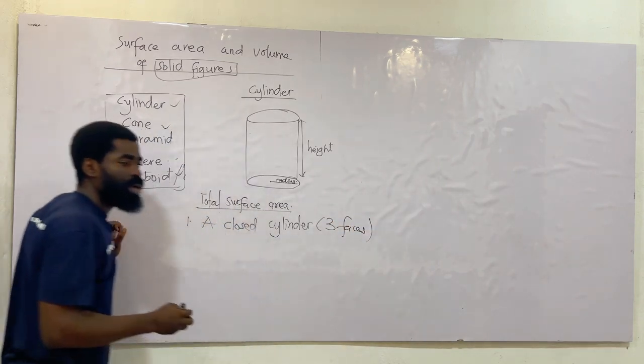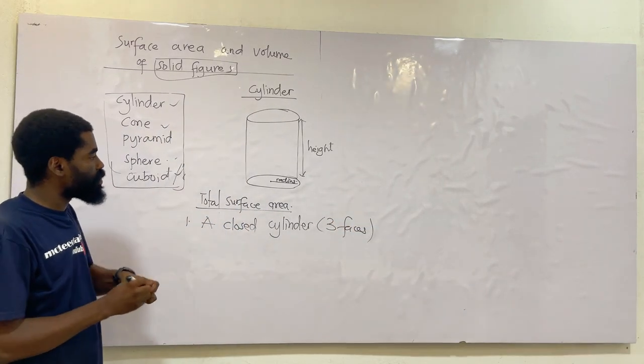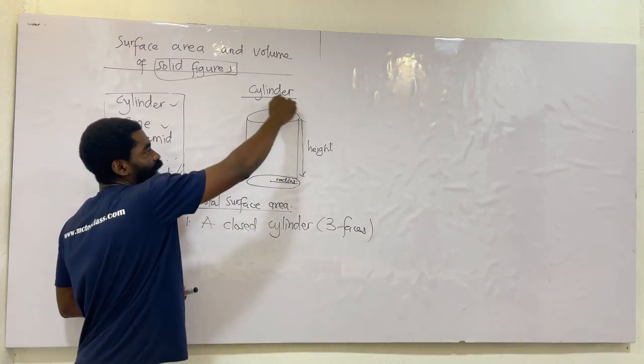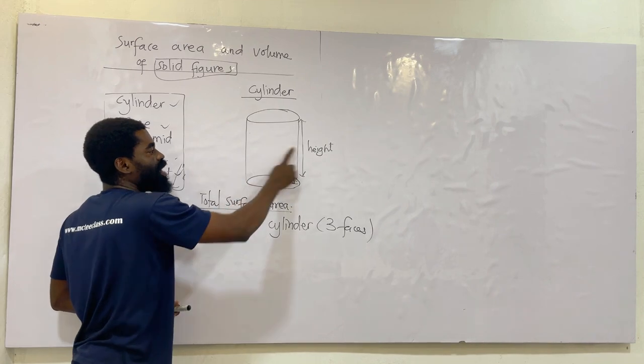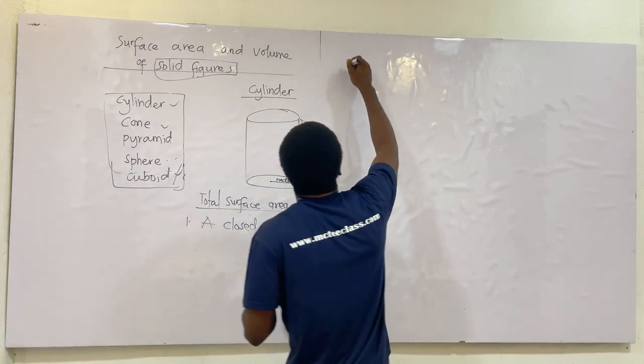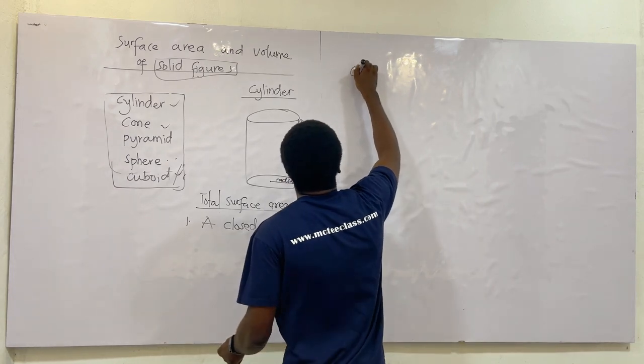Now if I look at the faces, what do I have? I have the circle, then I have another circle here, then the curved surface area. Before I even write this, let me write down the curved surface area so that we can use that.